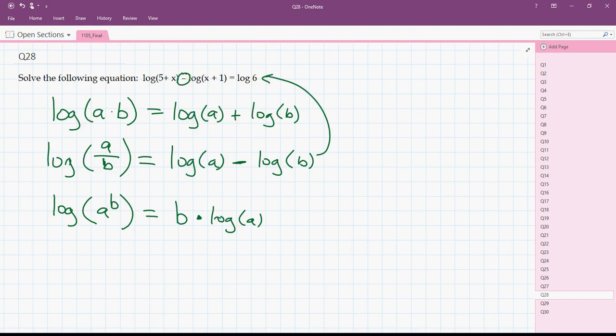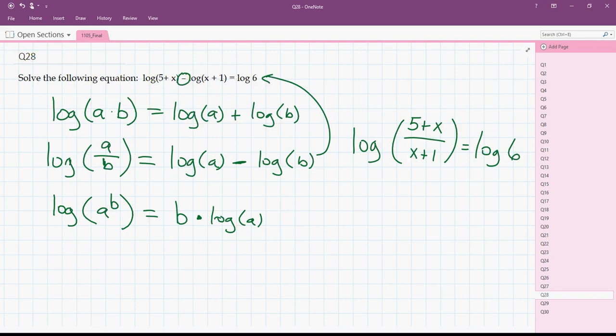So I'm going to rewrite that as log of 5 plus x over x plus 1 is equal to log of 6. Does that part make sense?